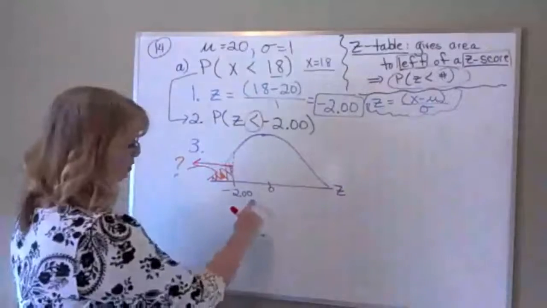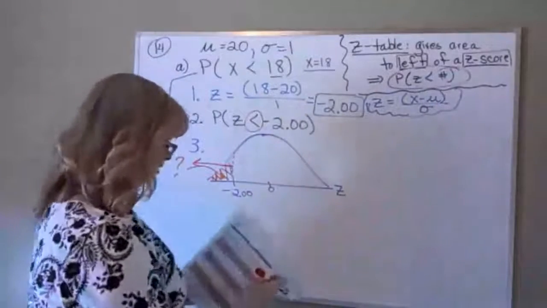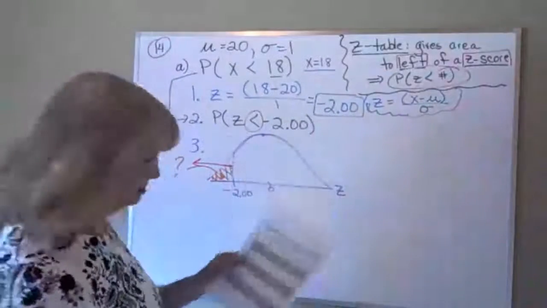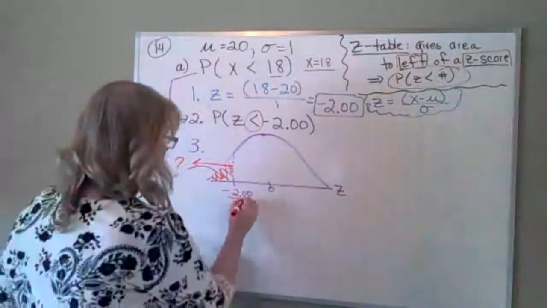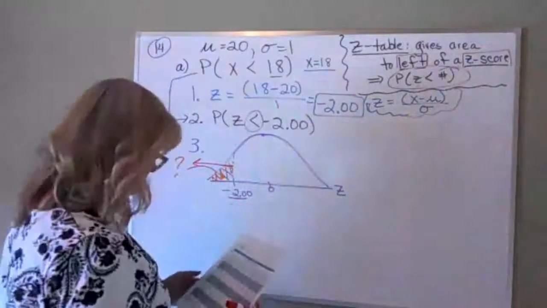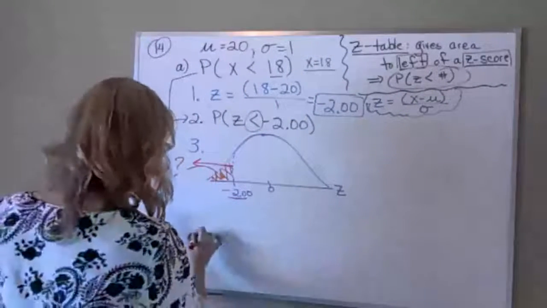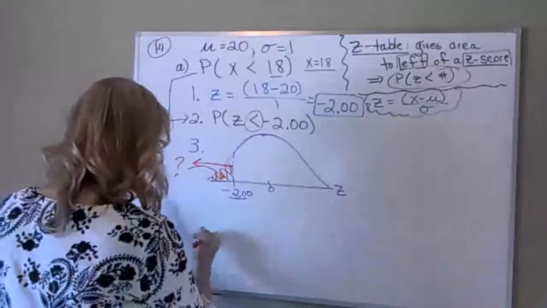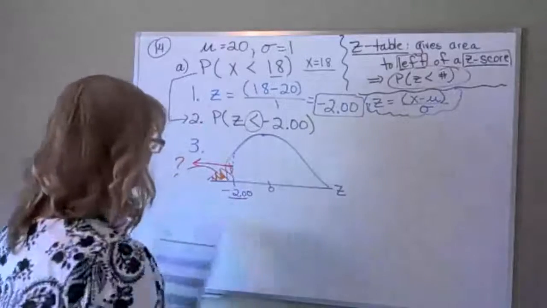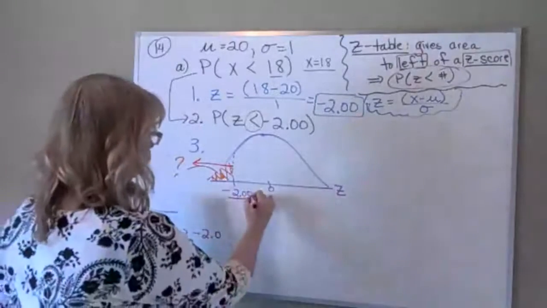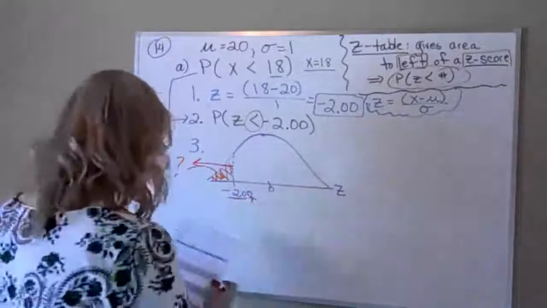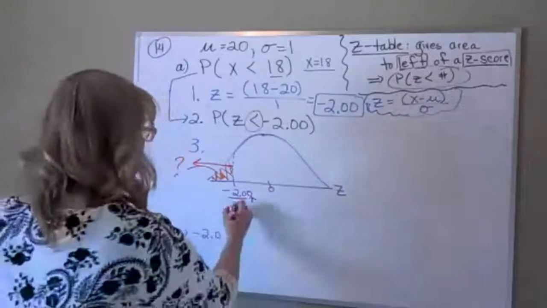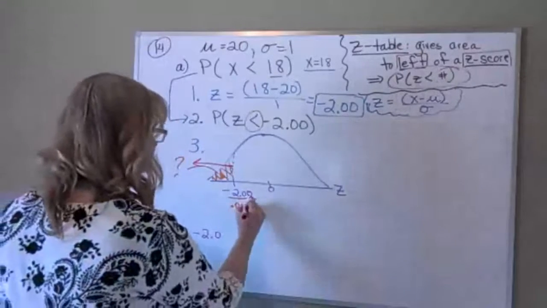to look up negative 2.00, we're going to look on the negative page. We're going to look up the row for negative 2.0, which is about in the middle. So we're going to look at this row. And then the number in the hundredths place is a 0. So the column you're going to look at is the one that says 0.00.